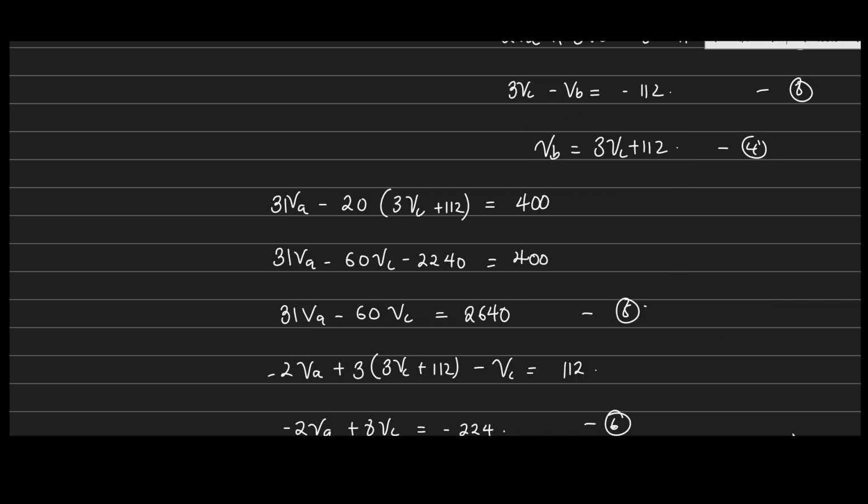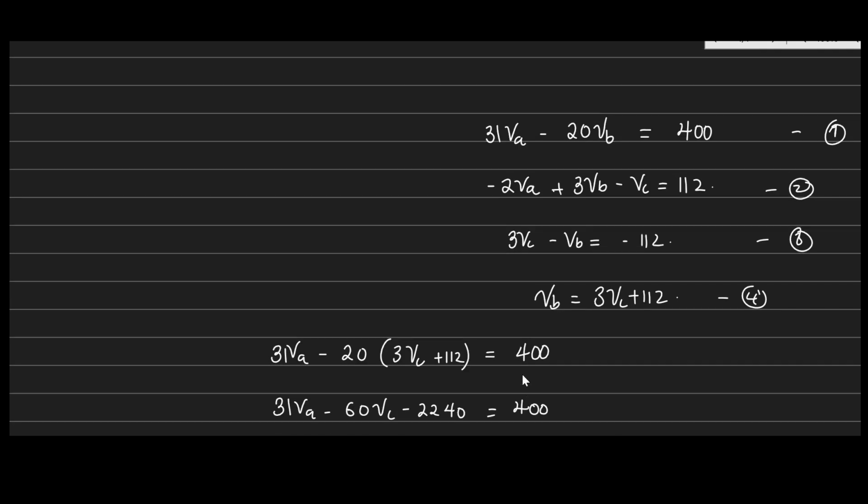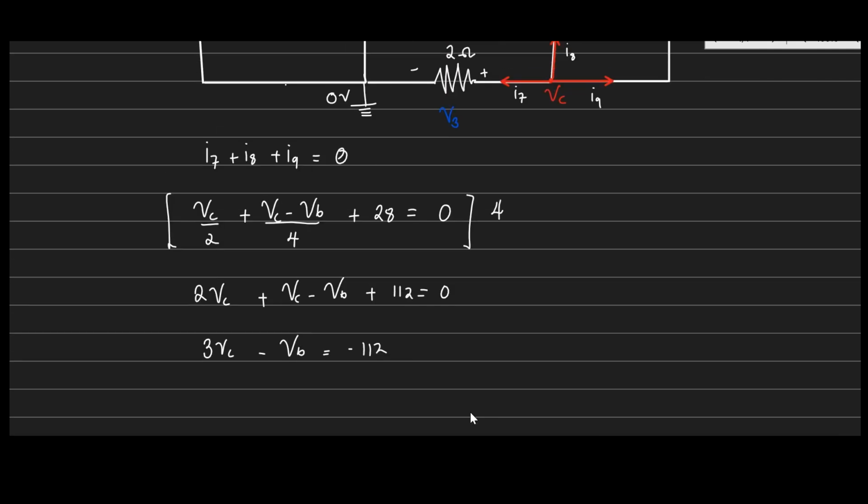VB is equal to 3VC plus 112, 3 by negative 13 plus 112. So this is 73 volts. Okay, now the question is not asking us to find VB.